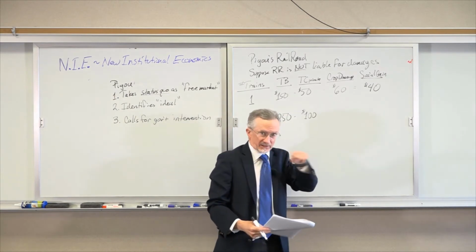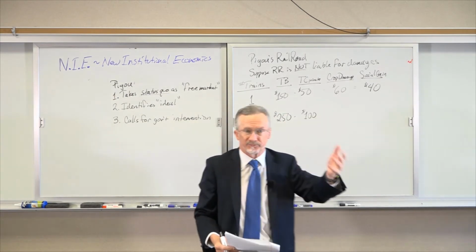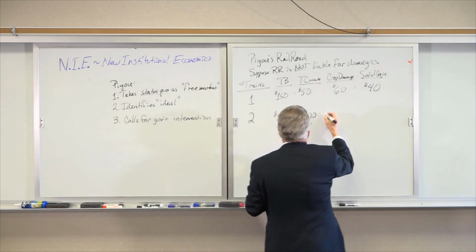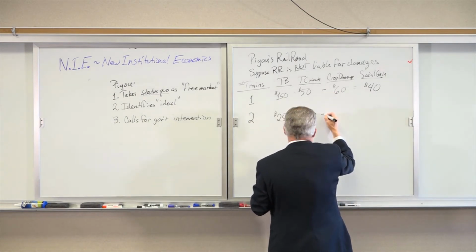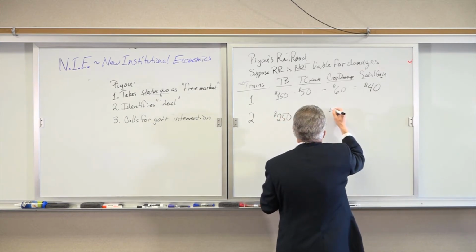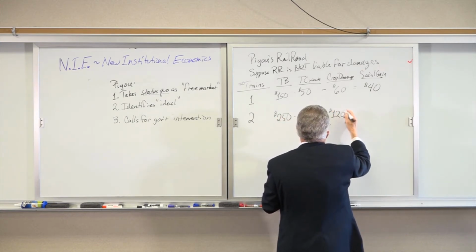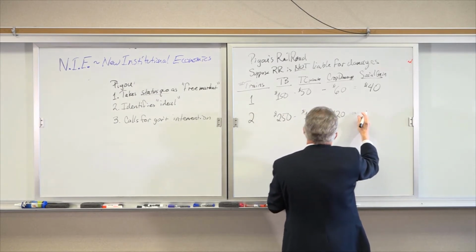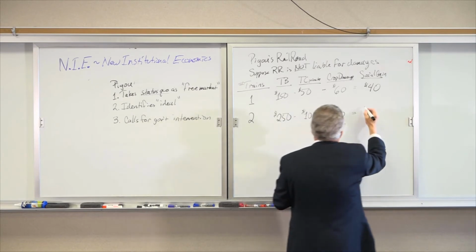So a constant marginal cost curve for the cost of production of a train, constant marginal cost of running a train. And then each train will do the same amount of damage, so that next train would do also $60, so $120 of damage.